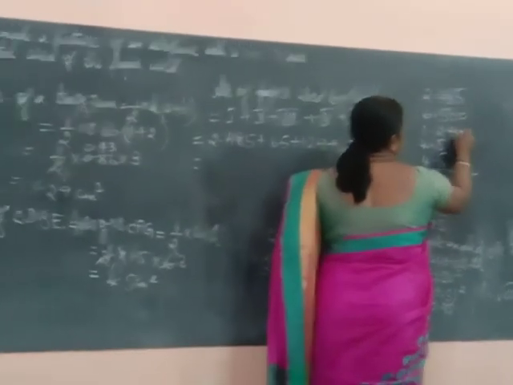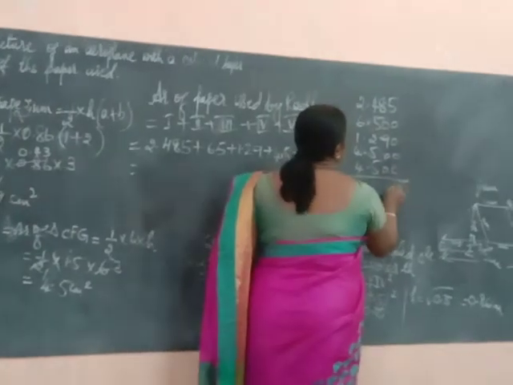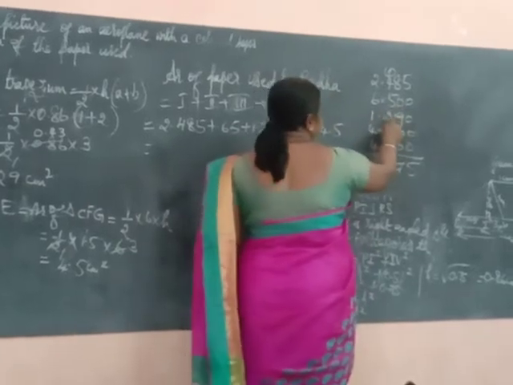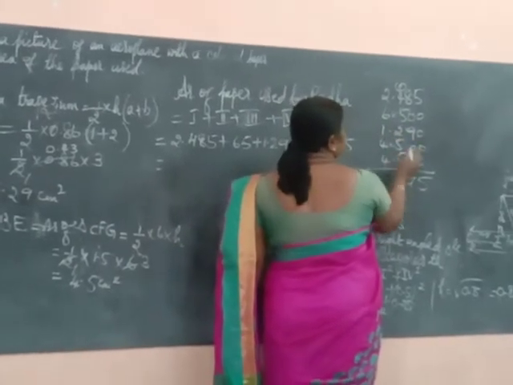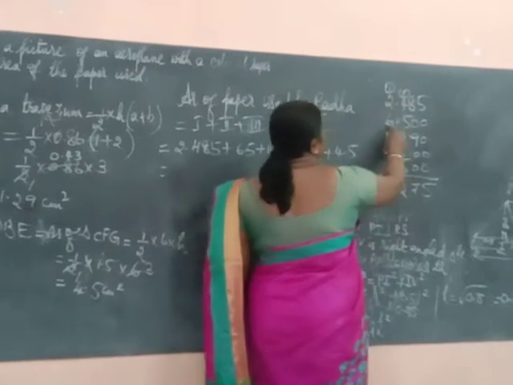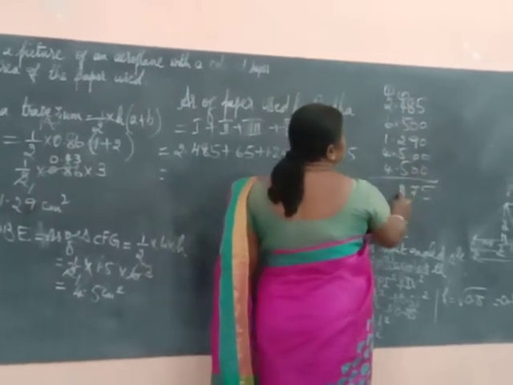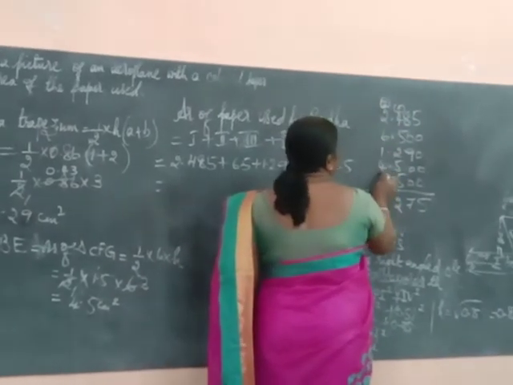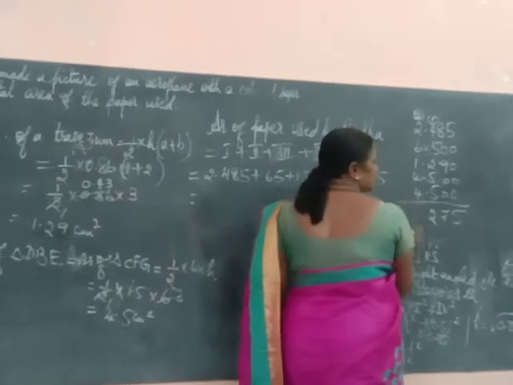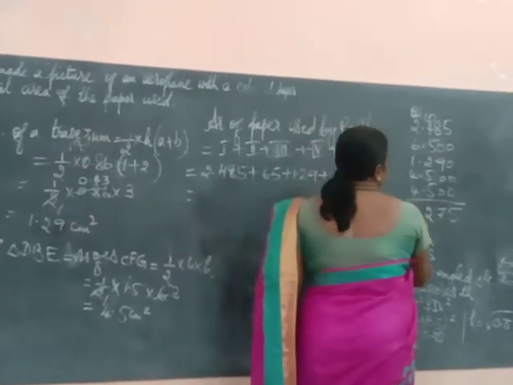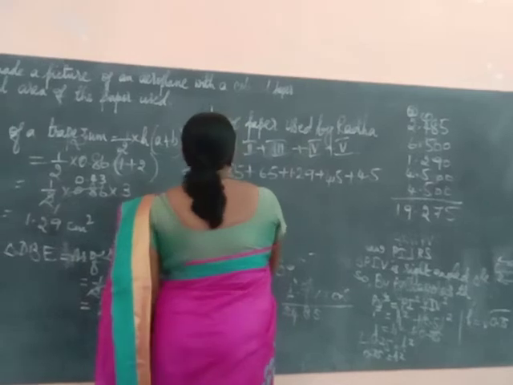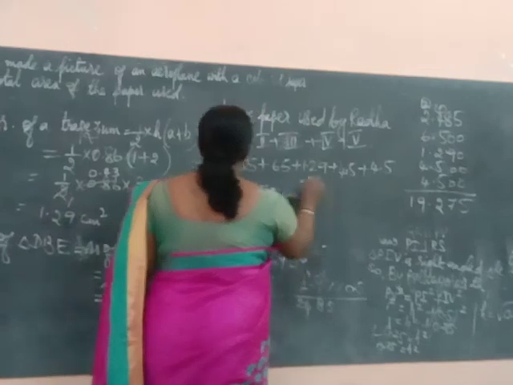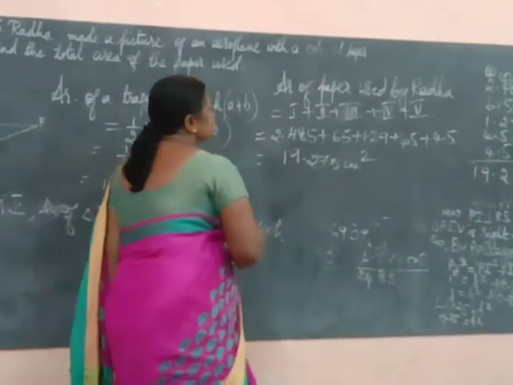Adding up, we get 19.275. So 19.275 centimeters square. So this much is the area of the paper used by Radha.